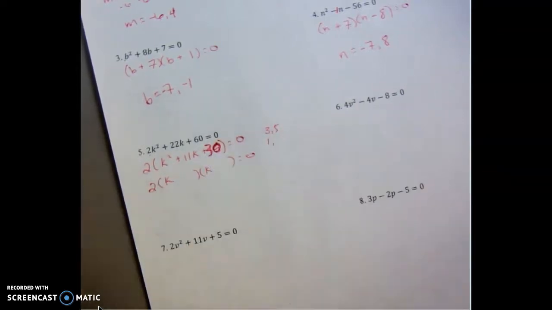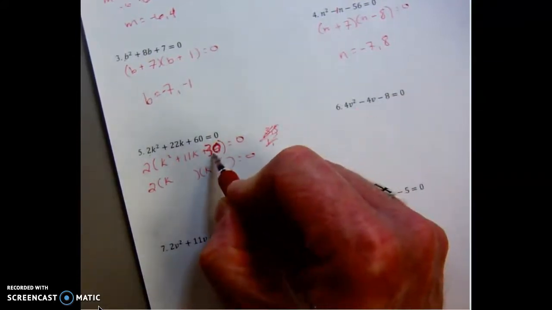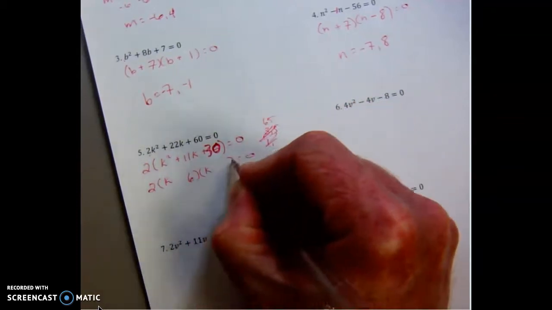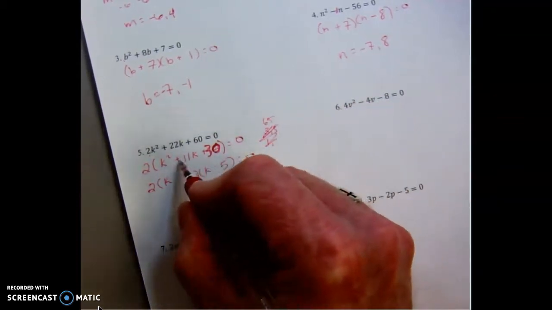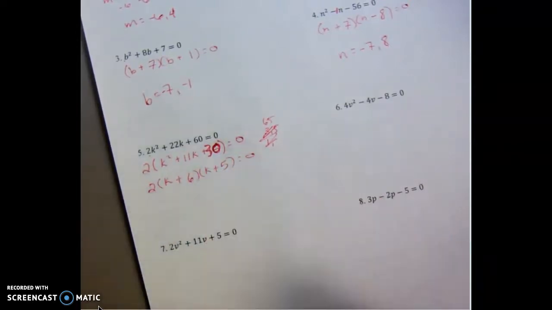I'm losing my mind. Okay, so factors of 30 that add up to 11, so that's 6 and 5. Now they have to give me a positive 11 together, so it must be plus 6 and plus 5.